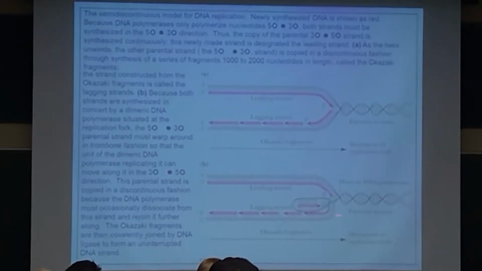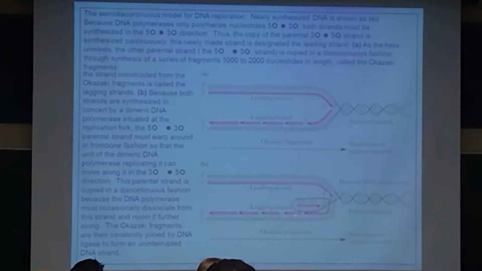So that the 3' end of the primer is facing the active site of the DNA polymerase, and in that process, it starts to produce short fragments of new DNA, which we call Okazaki fragments, correct? As the polymerase moves forward, these Okazaki fragments are complementary and left on the lagging strand.